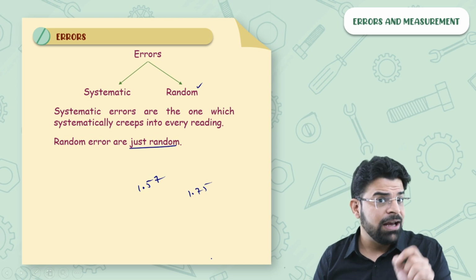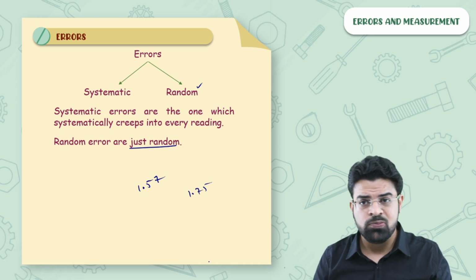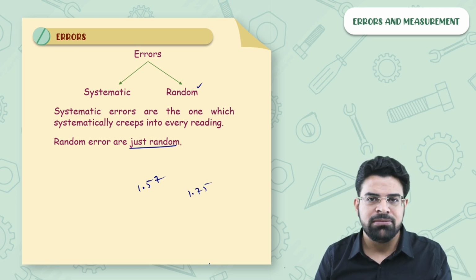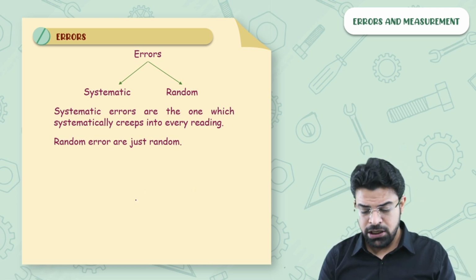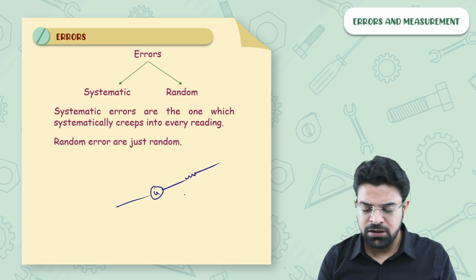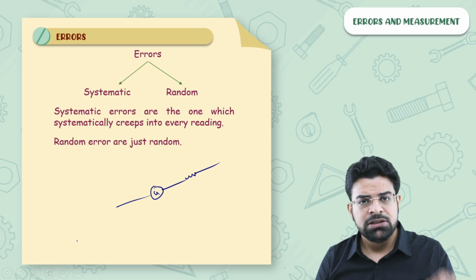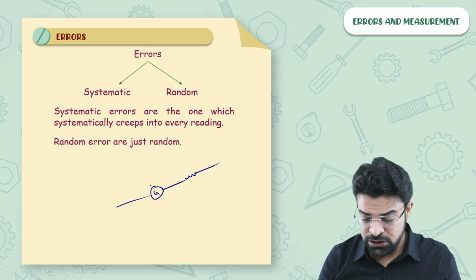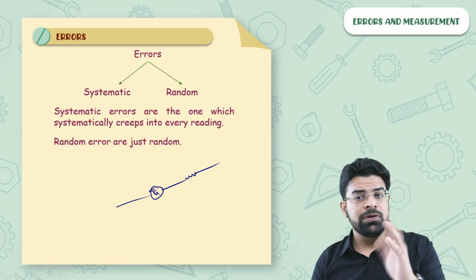Will the same error happen again? No. Maybe. It means they are random. They can happen, they can't happen. Let's say you are doing an experiment in the lab and there is a galvanometer, resistor and everything. Suddenly there is a voltage fluctuation in the supply line. So your reading might get fluctuated.